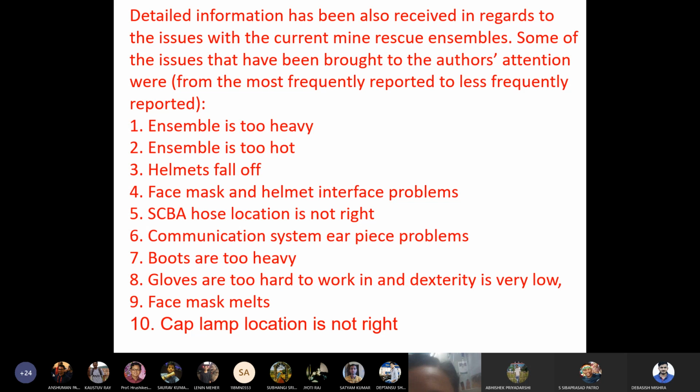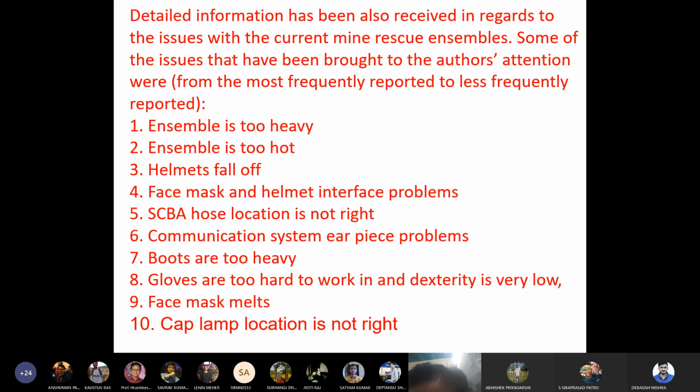Some equipment is very heavy to carry by the mine rescue team members. They complain that the equipment is too heavy to carry while they carry out their job inside the mine, and they feel uncomfortable. Equipment is also too hot, not able to absorb the heat.